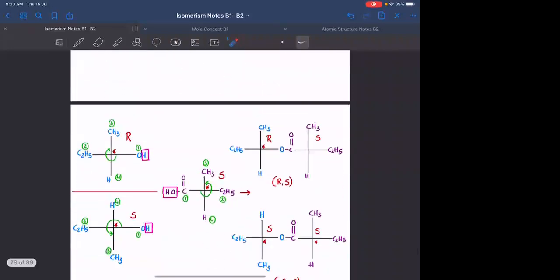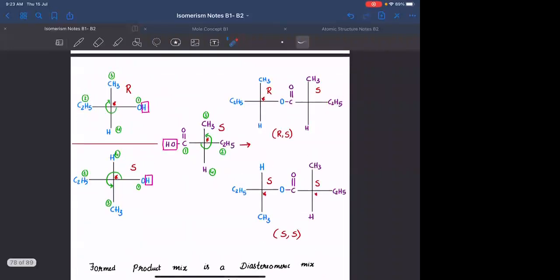So पहले हमने क्या किया? We have taken an enantiomeric mixture of two alcohols. Its configuration is R. The mirror image of it is S. You are reacting that particular compound with an acid which is also optically active. So इसका configuration आपको S हो गया. You need to have an optically active acid.